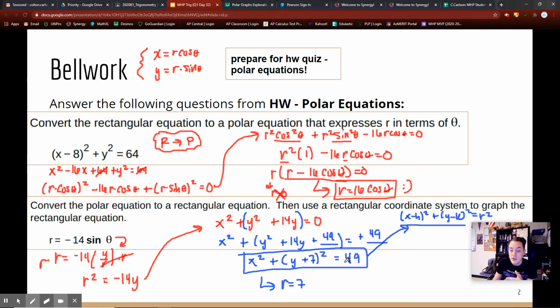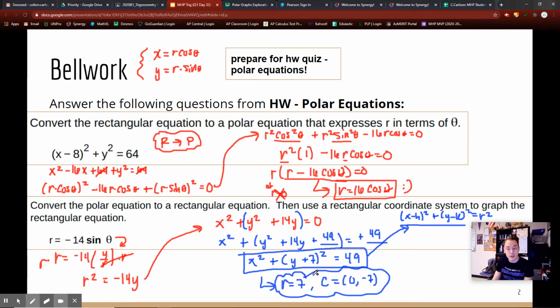So if this is 49, I square root that, and that gives me my radius, 7. And my center here equals 0 and then negative 7. Notice how there's a built-in negative here? So if that's positive, that means it needs to be negative. So it cancels it out. So I would use this information to actually plot this rectangular equation, the circle, onto my rectangular plane.